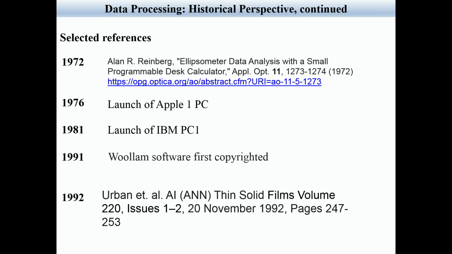And another decade later, we had the first copyright that I'm aware of for the Woollam Company software, which does a lot of the work for you. And by the way, I mention myself here. By 92, I had done some other things, but by 92, I was using artificial neural networks on thin films.